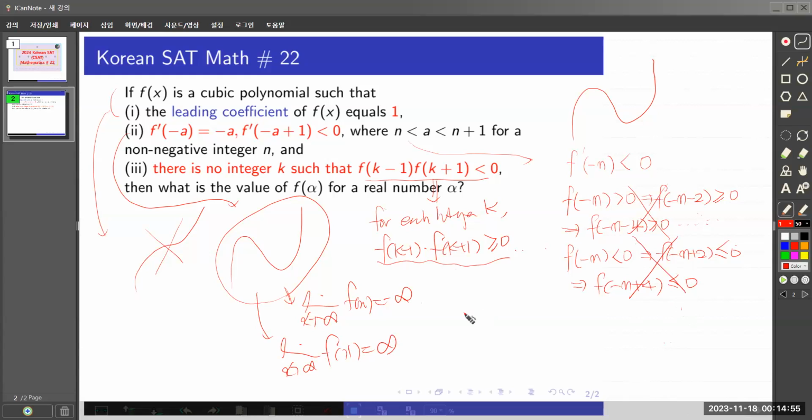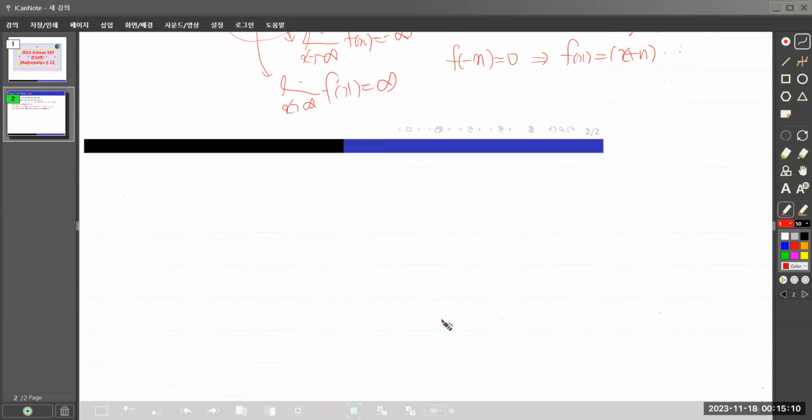So we may assume that f(-n) is equal to 0. So f(x) has a factor x plus n, like this. Okay, so we can draw like this. So here is negative n. We may also investigate x equal to negative n plus 1 and negative n minus 1.